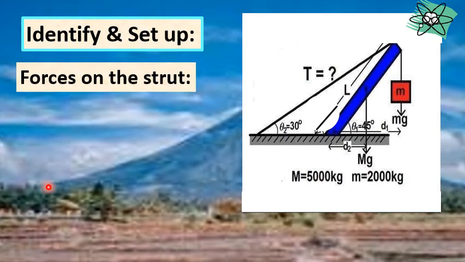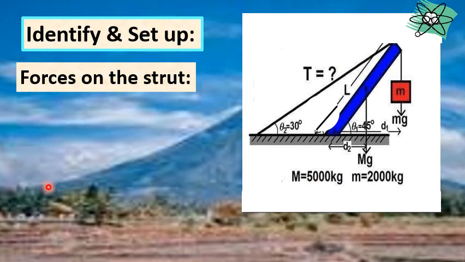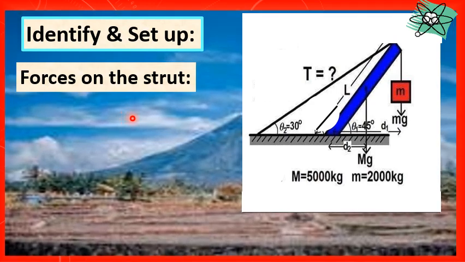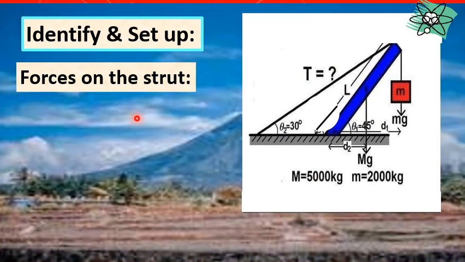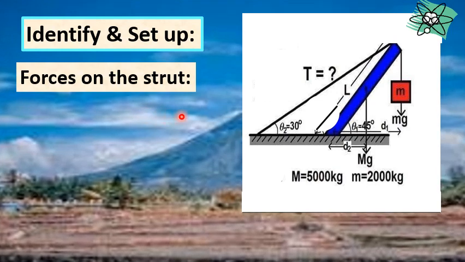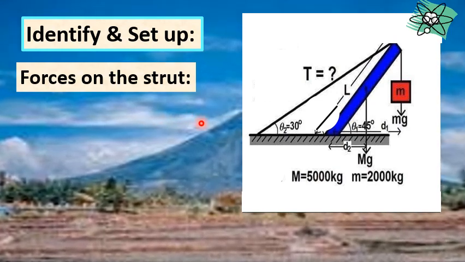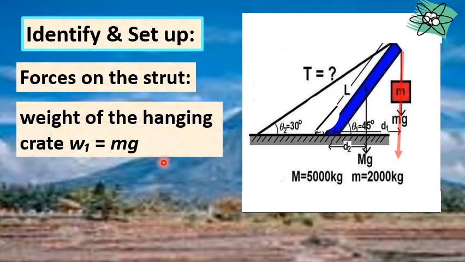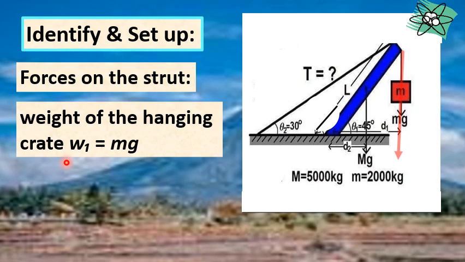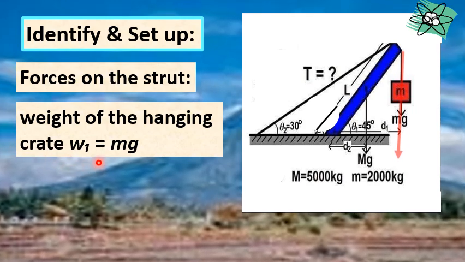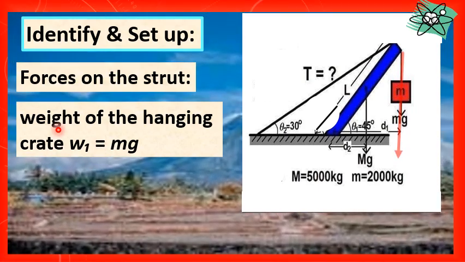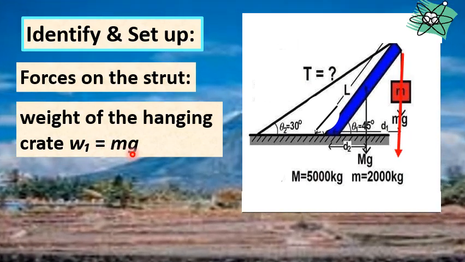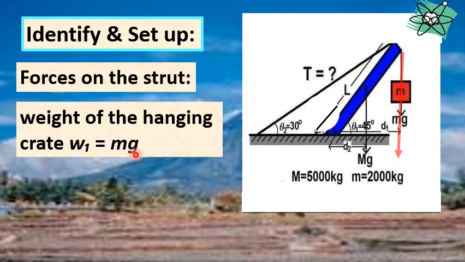The first step in our solution is to identify the forces acting on the strut, the strut being the subject of the problem. So we have the weight of the hanging load, denoted by small letter W sub 1, which is equal to the mass, small letter m, times acceleration due to gravity.